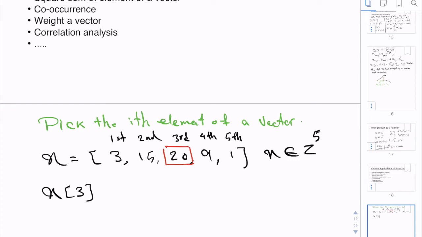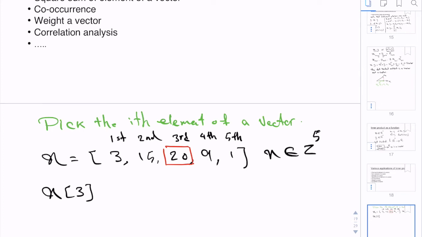But as I said, sometimes we want it to be more flexible and vectorized. How do we do this? How can we use the dot product to get the third element? How can we multiply this vector by another vector such that we get the third element? Any thoughts on that? Okay, I think you're right.